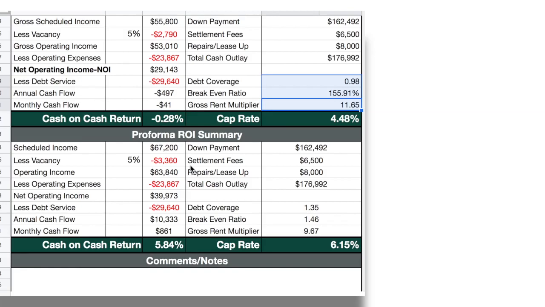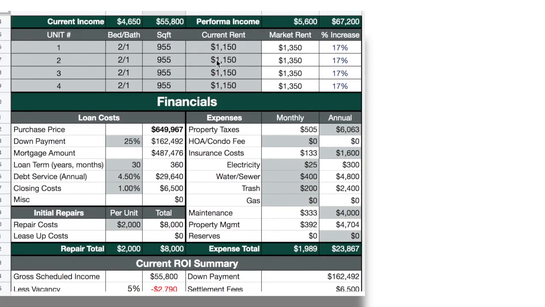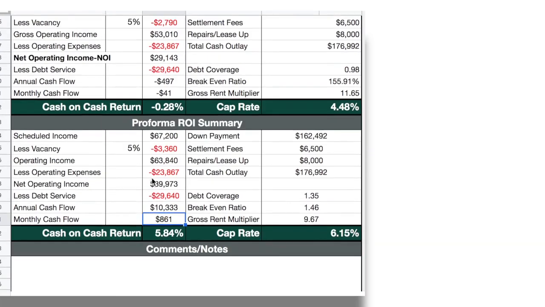Okay, and then your pro forma, this is what we're really dealing with here. So once you increase the rent, so you go through this work of increasing from this to this by spending that, this is what you could potentially generate from this property.